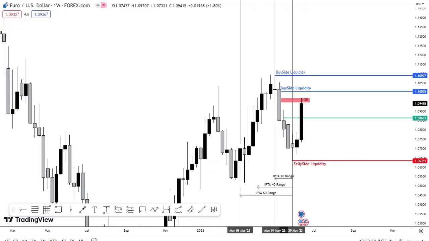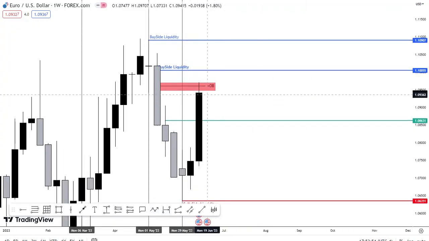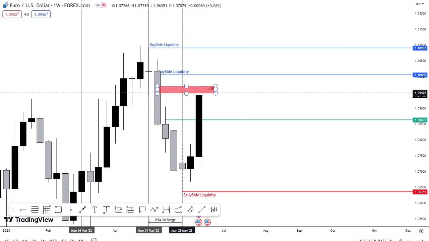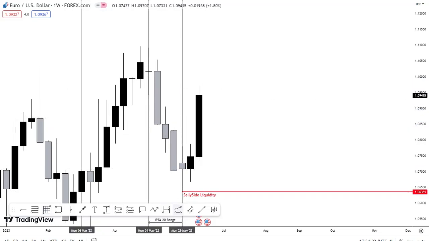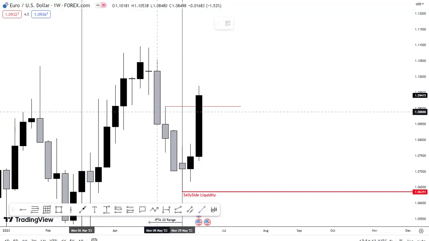For example, if you pay attention right now, supporting our bearish movement, if we expect some form of change of character right here, would be this. Let me remove this. Would be this CB right here. CB, it's a bearish fair value gap. Let me remove this.